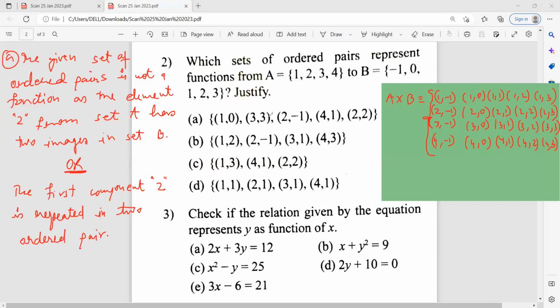The first component has to be only once. I hope it's clear. The given set of ordered pairs is not a function. I hope you followed it. Please copy this.